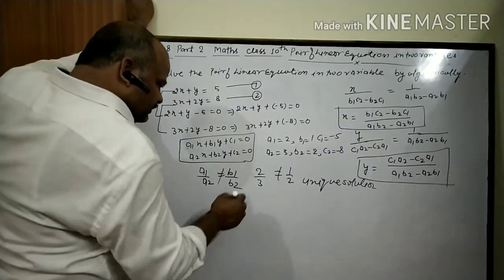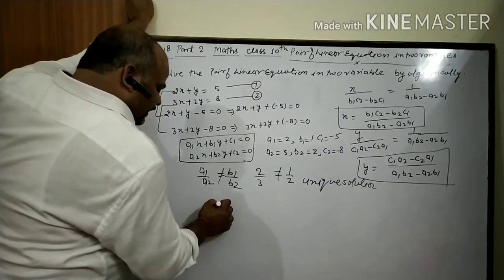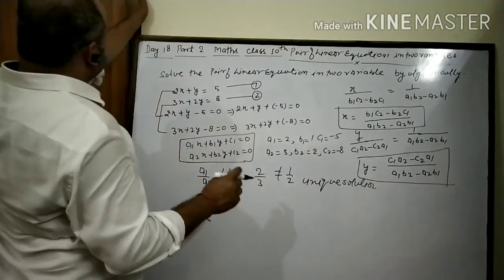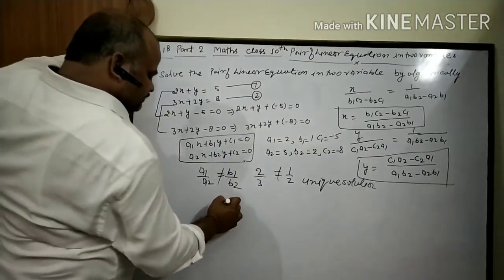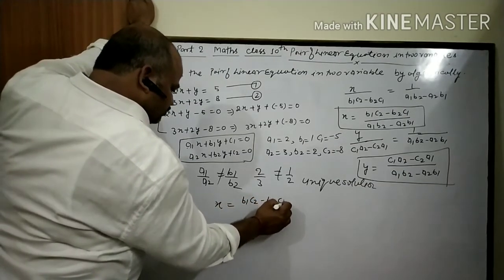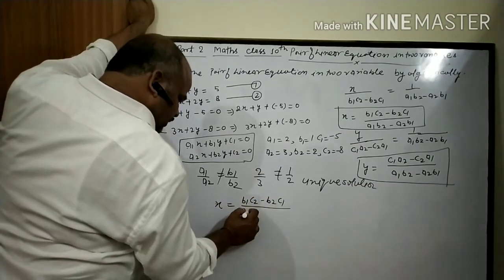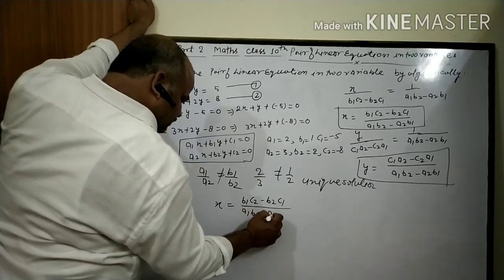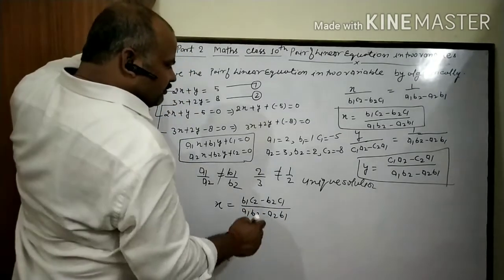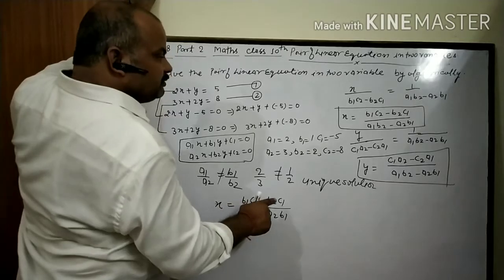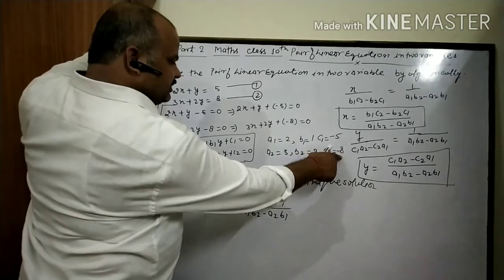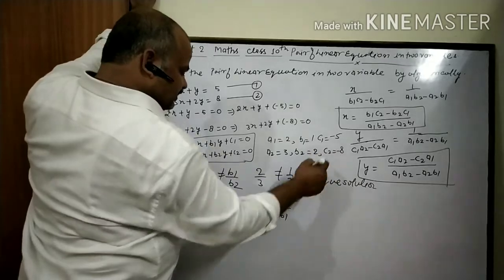Then here x is equal to b1 c2 minus b2 c1 upon a1 b2 minus a2 b1. Then see, b1 is 1 and c2 is minus 8.